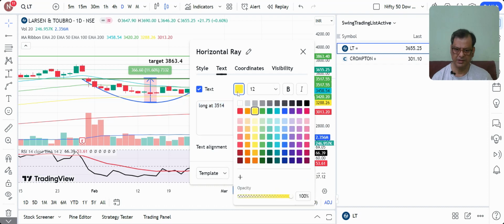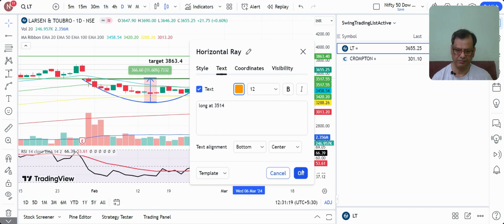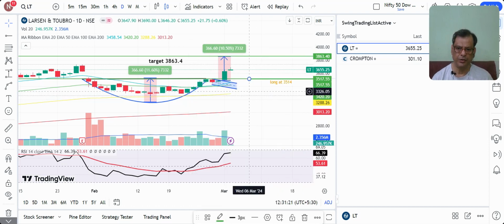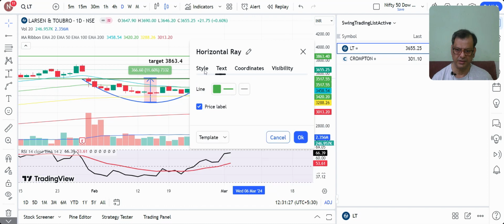I'll make this orange so that it's more clearly visible. So we are going long at 3514, and I have to obviously change the coordinates.